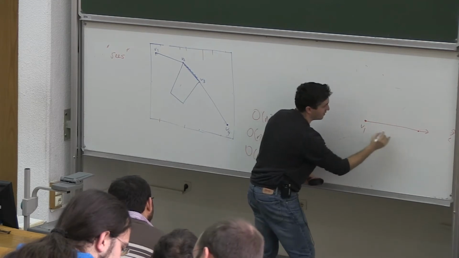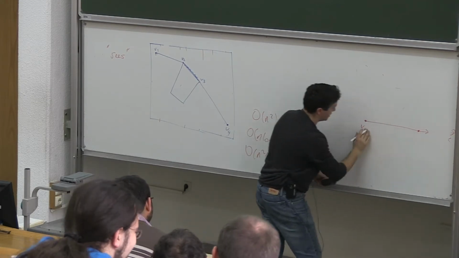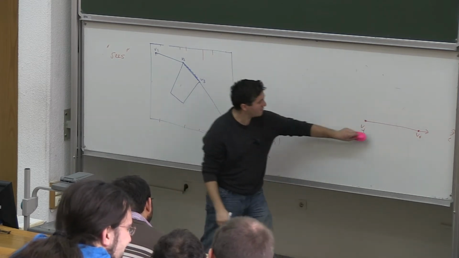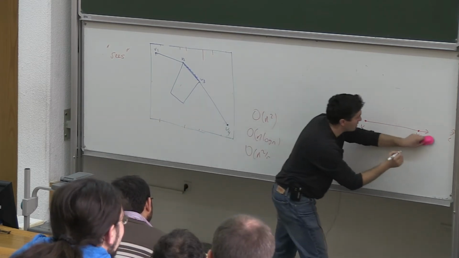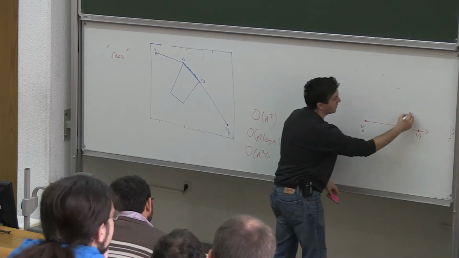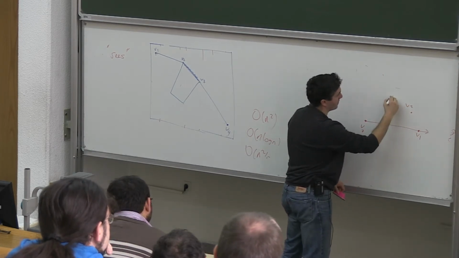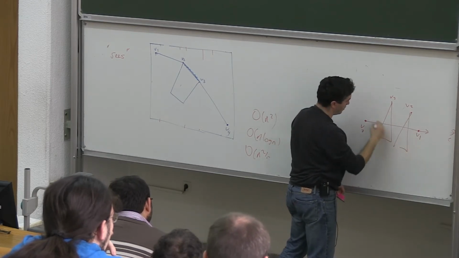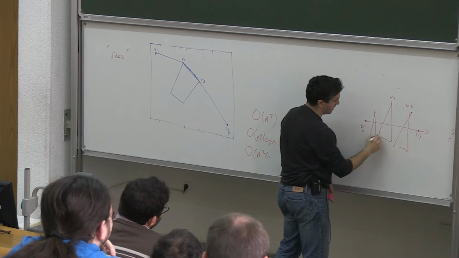Let me name the first vertex V0, this one V1, and this is V target. So we can have many polygons in between, okay?